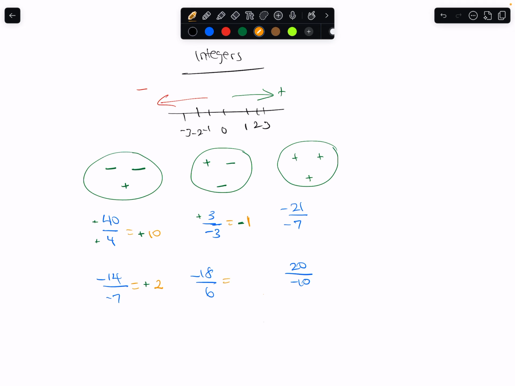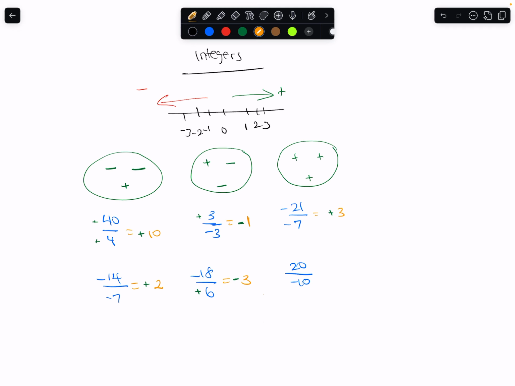18 divided by 6 is 3. Negative on the top divided by positive on the bottom. Negative and positive means that the sign will be negative. 21 divided by 7 is 3. Negative on top divided by negative on the bottom makes this sign positive.